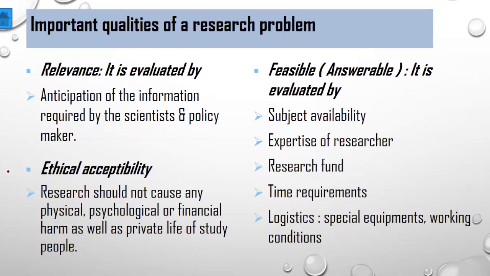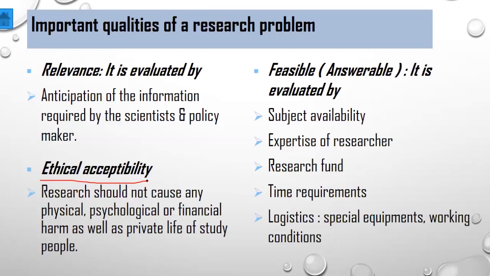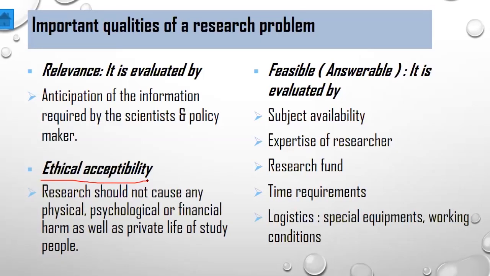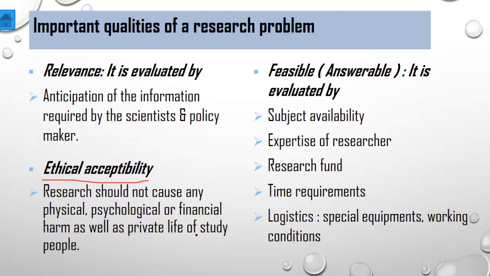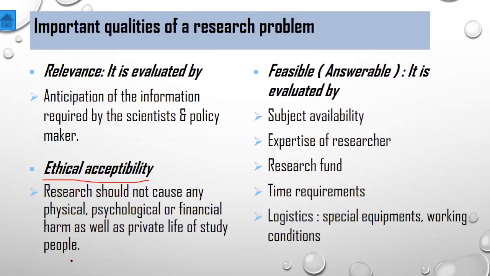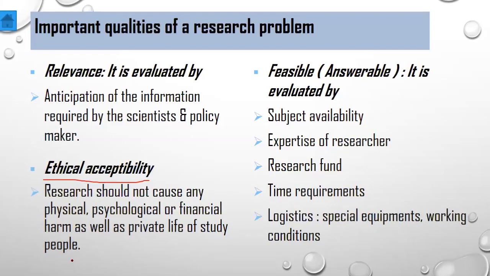Ethical acceptability. This is another important one. Actually, the research should not cause any physical, social, and financial harm, as well as harm to the private life of the study people. So it is called the ethical issue.